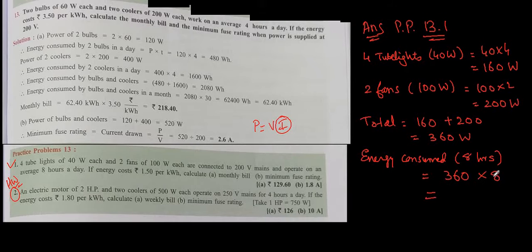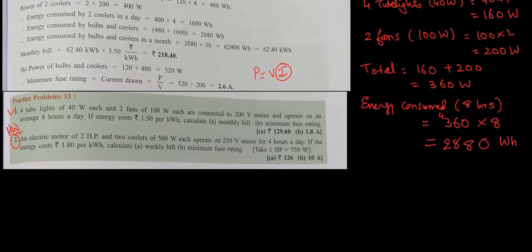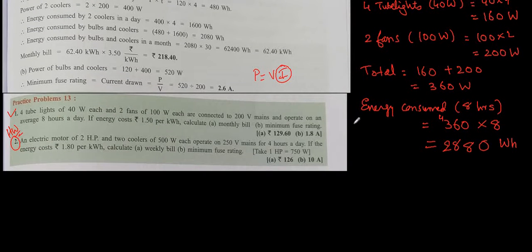So now 8 zeros are 0, 8 sixes are 48, 8 fours carry, 8 threes are 24, 24 plus 4, 28. This is watt hour. Now this is running for a day.